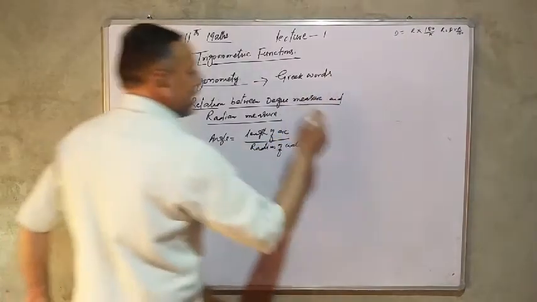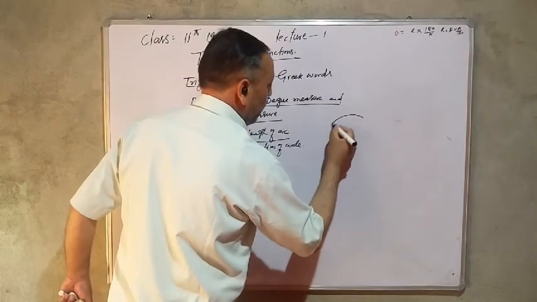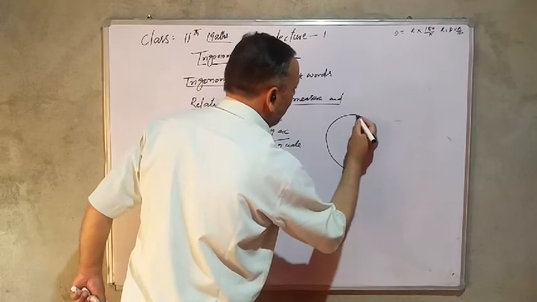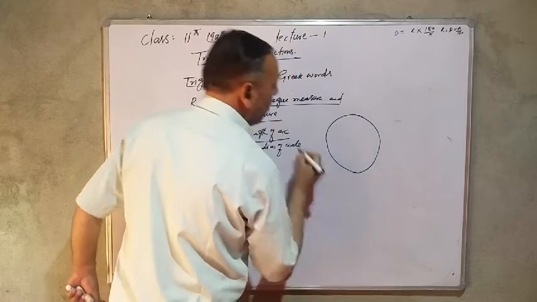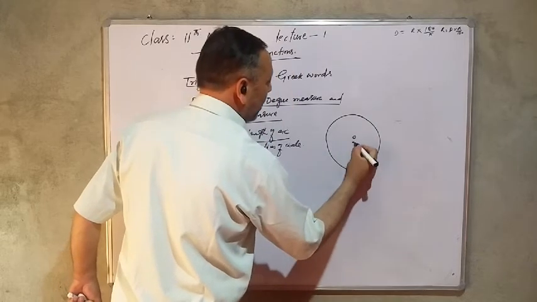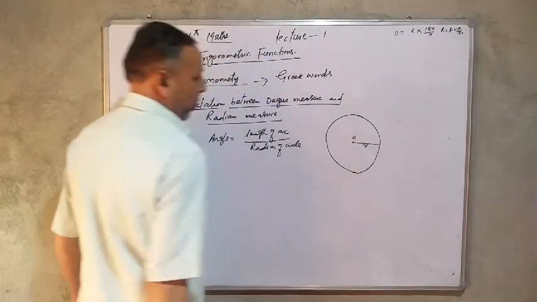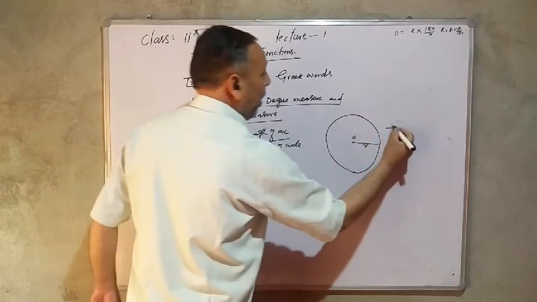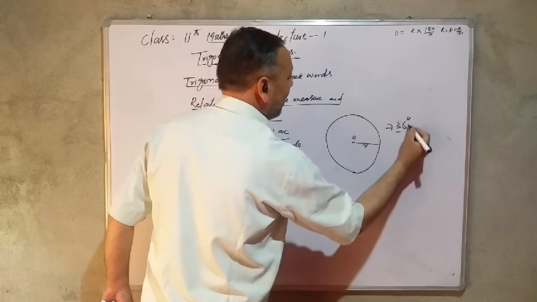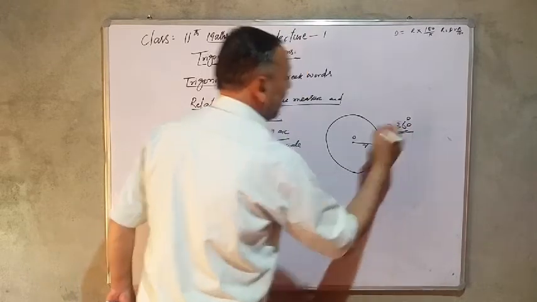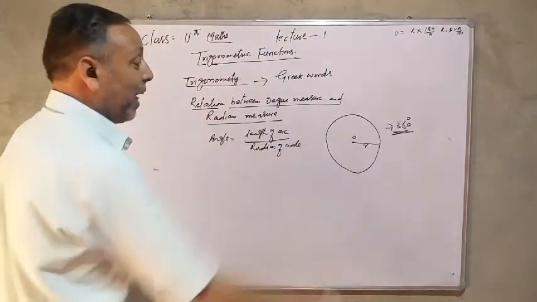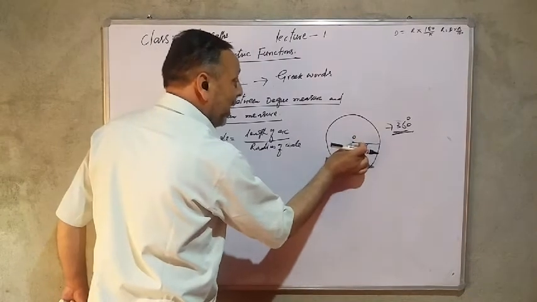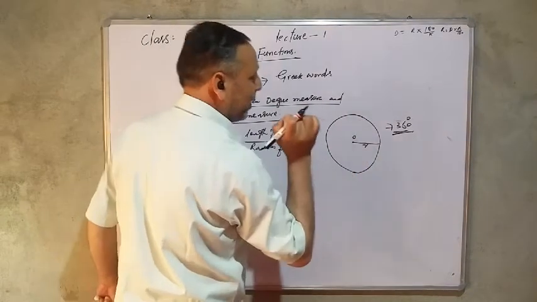Now if we take a circle with center O and radius R, then this circle itself is an angle of 360 degree. That means circle subtends an angle of 360 degree at the center.